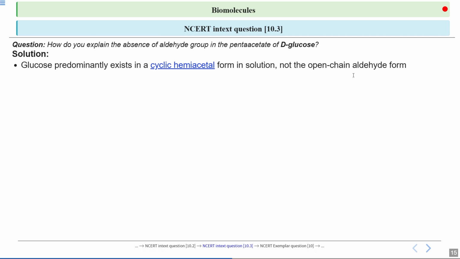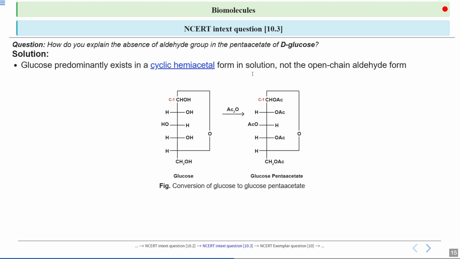Instead, it forms a ring structure which is called a cyclic hemiacetal. This means that the aldehyde group at the end interacts with an alcohol group on the same molecule, creating a ring, and it basically hides the aldehyde group. So it predominantly exists in the cyclic hemiacetal form in the solution.